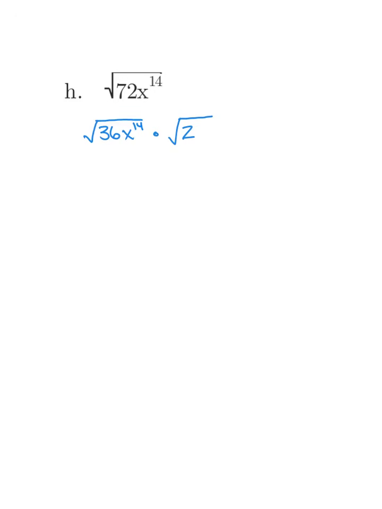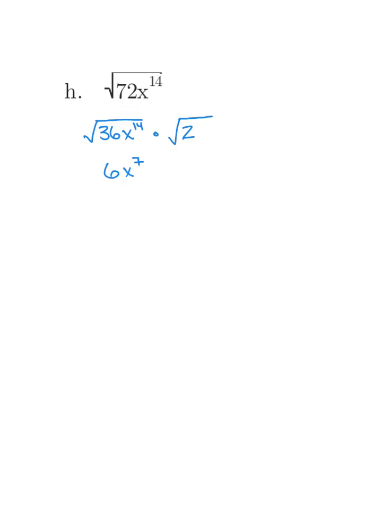Now when we take our square root, we get the square root of 36 is 6. And now what do you think the square root of x to the 14th is? Square root of x to the 14th is x to the 7th. X to the 7th squared is x to the 14th.